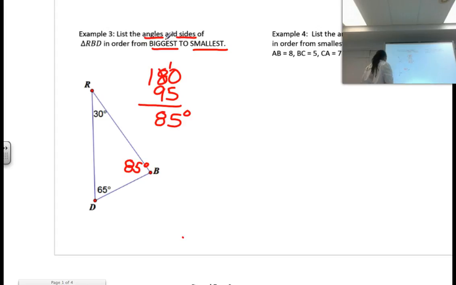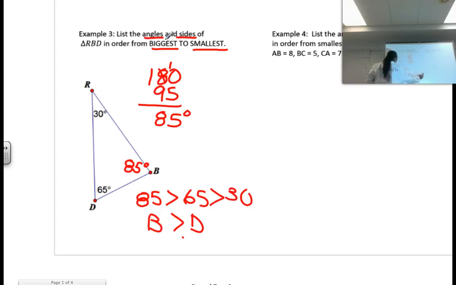Now, we should be able to list our angles in order. Our biggest angle is going to be the 85 degree angle. And our medium-sized angle is D, which is 65 degrees. And then our smallest is 30 degrees, and that's angle R.